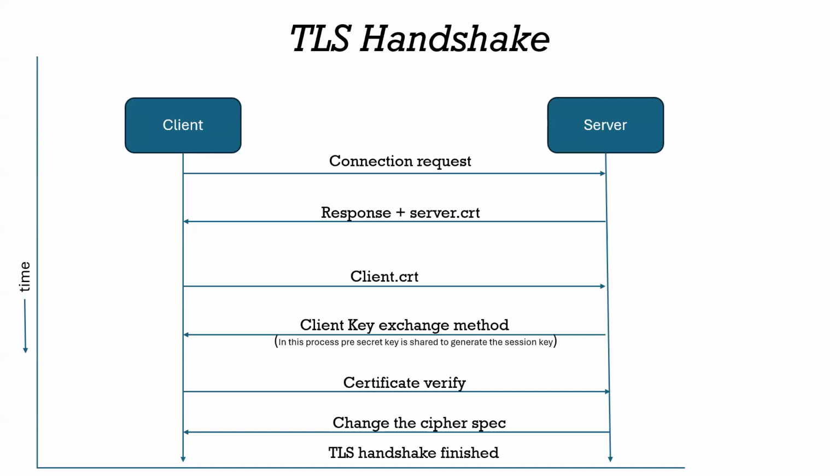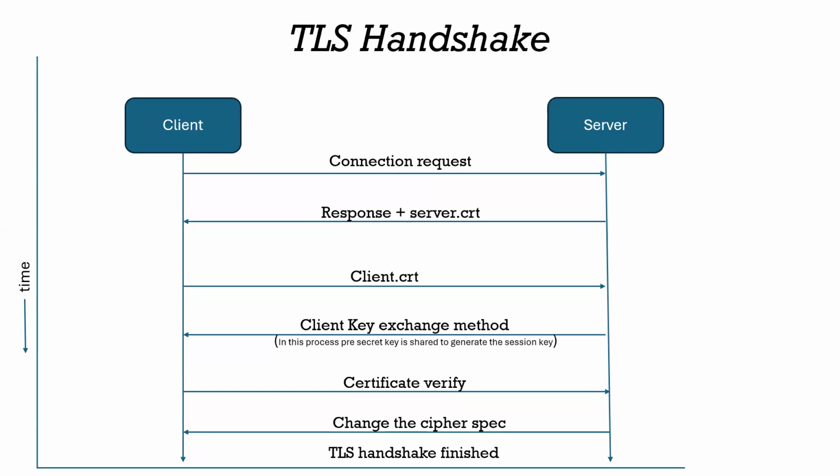Till now, all the communication was happening with the given keys. Now, since the pre-secret key which the client shared with the server has been obtained by the server, and both have generated the session key, they are telling each other, let's use this session key.